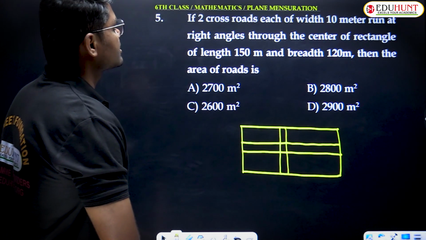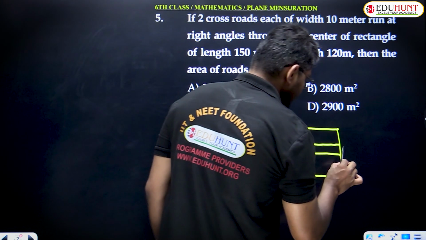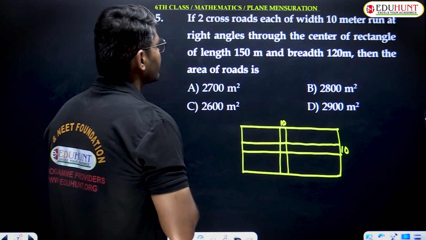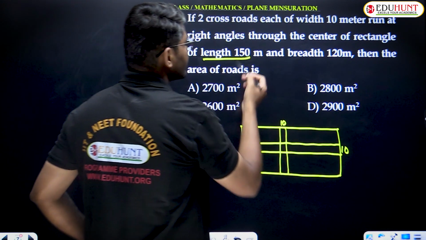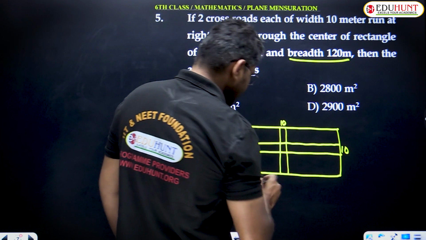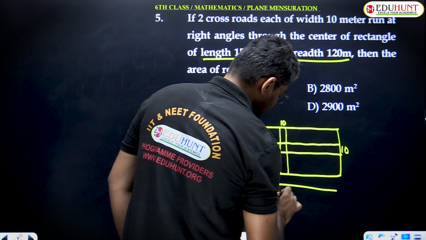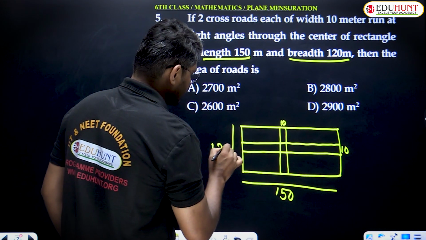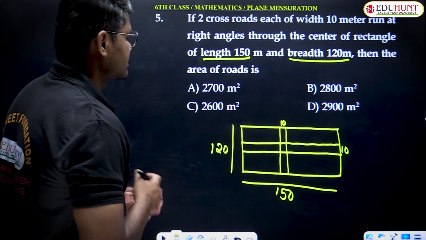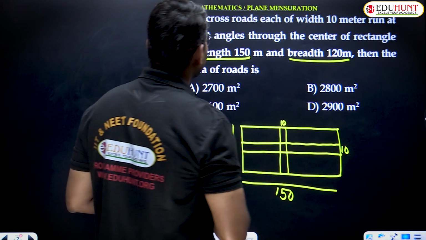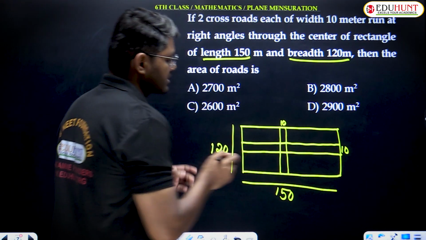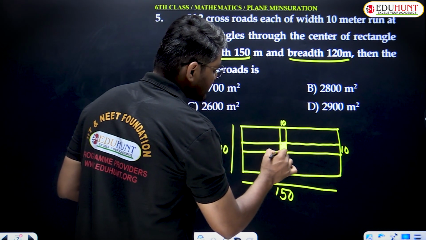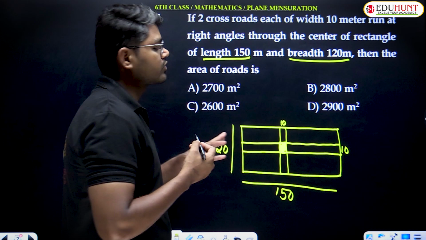Two crossroads each of width 10 meters. So this is 10, this is also 10. Length 150 meters and breadth 120 meters. Length, this is 150 and this is 120. Okay, right. So we have to find the area of the crossroads. Here it is crossing 2 times, so we have to subtract this square area.